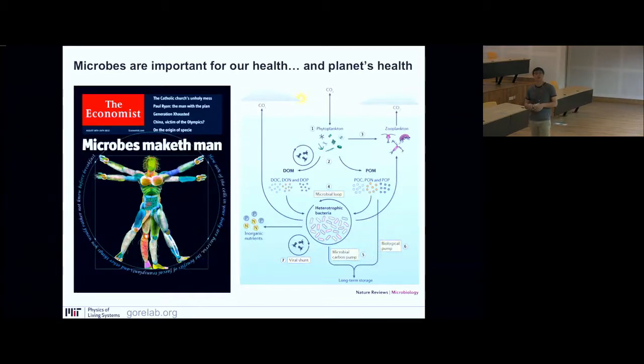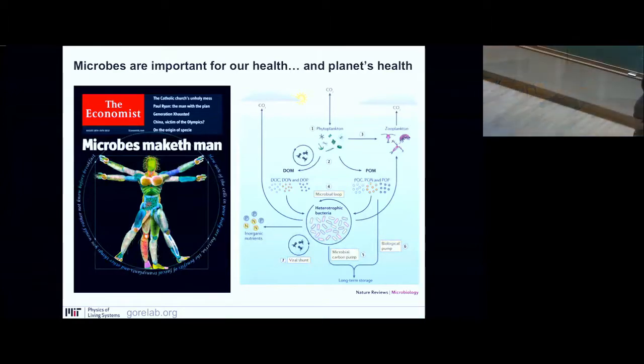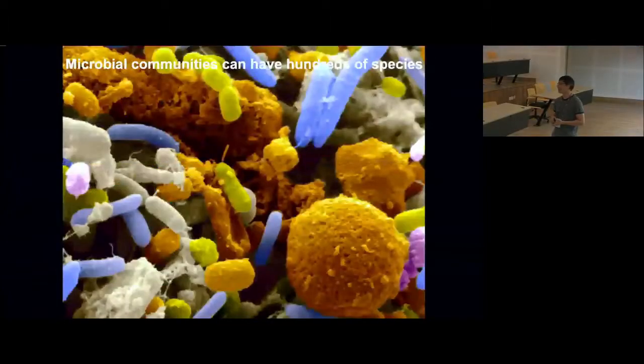For example, something like half of all the carbon cycling that takes place on the planet is due to microbial activity. So we'd like to understand how these microbial communities are working, but a major challenge is the tremendous complexity of these communities. This is an electron micrograph of human feces, and what you can see is that it's complicated.